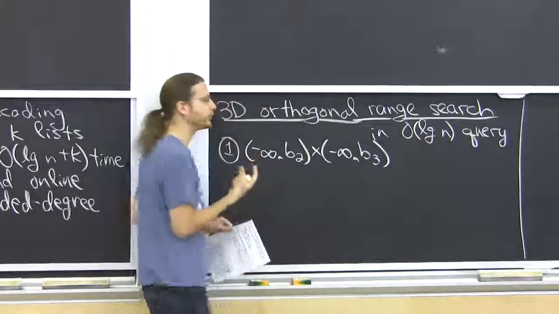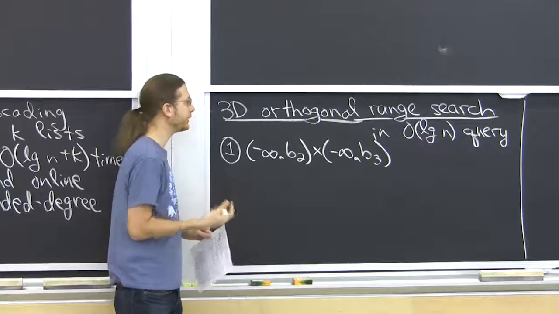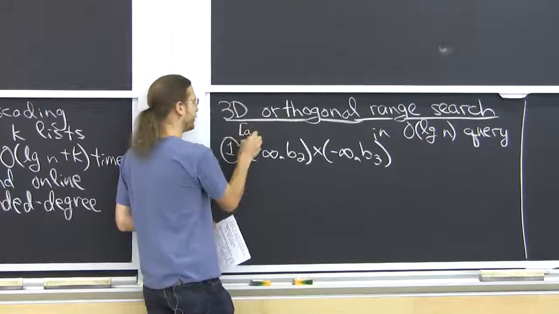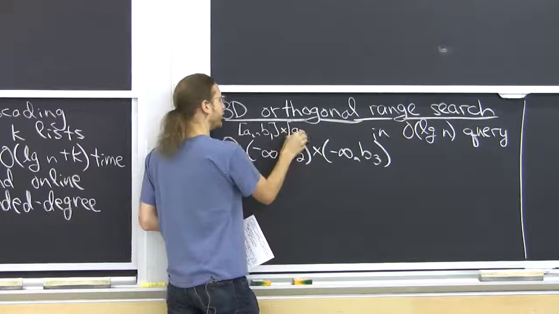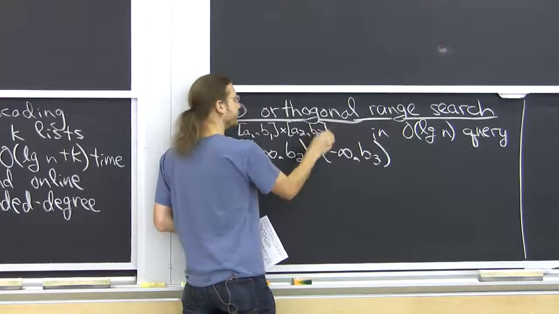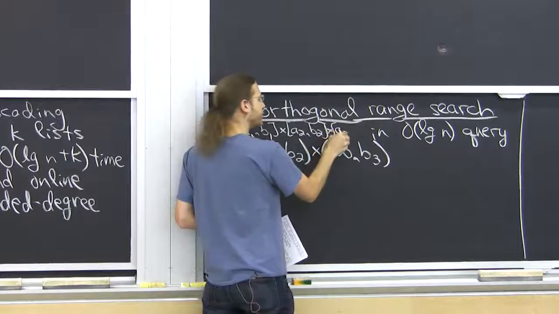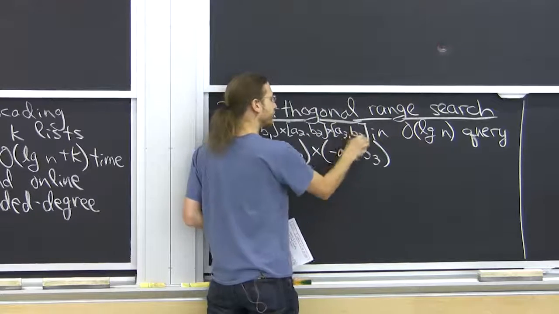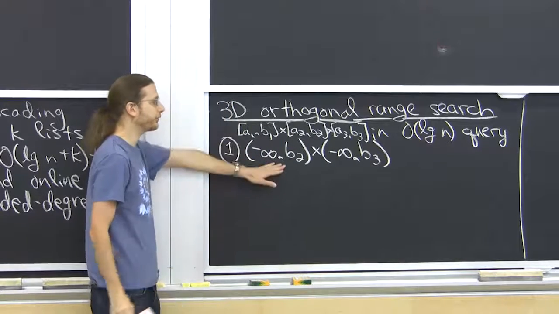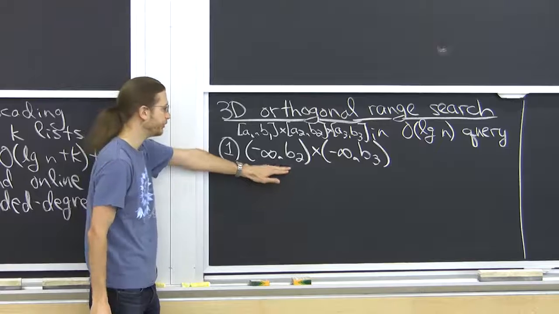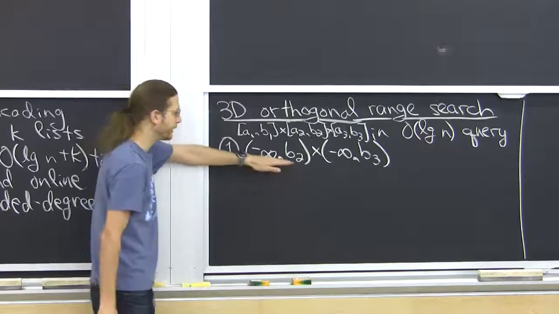Okay, in general, remember in 3D we're trying to do querying with a rectangle, A1, B1, A2, B2, A3, B3. We want to know all the points in that rectangle. So I'm going to start out with a very restricted form, which is only two-dimensional. For whatever reason, we'll see why later.